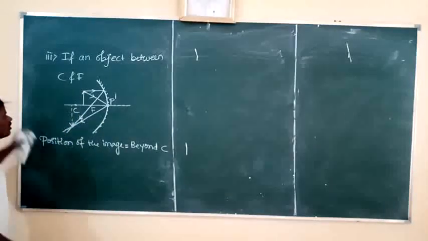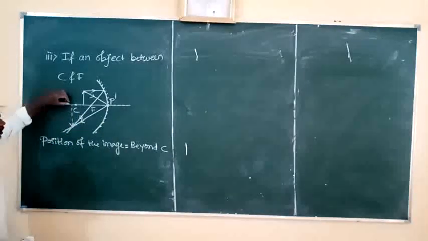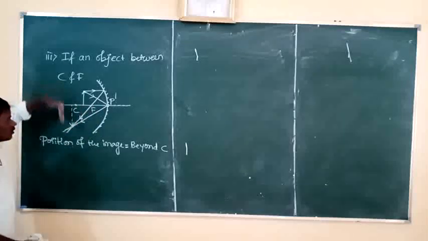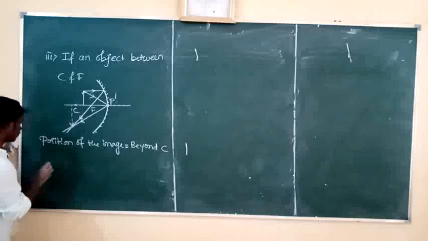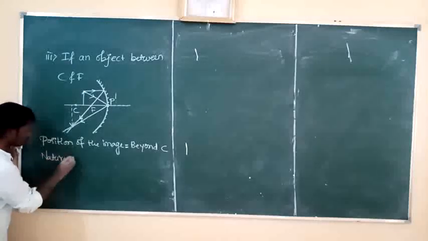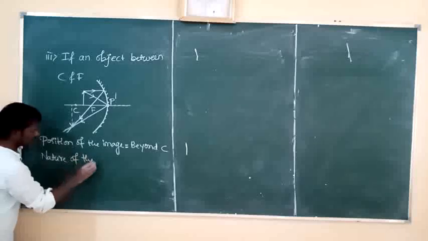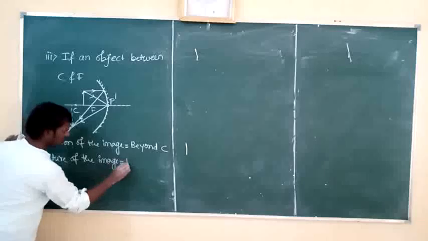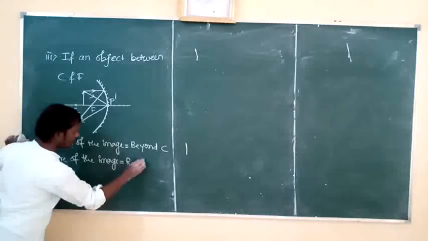Next, what is the nature of the image? Again, it is real because it is formed in front of the mirror, and it is inverted. It is inverted, downside. Nature of the image: real and inverted.